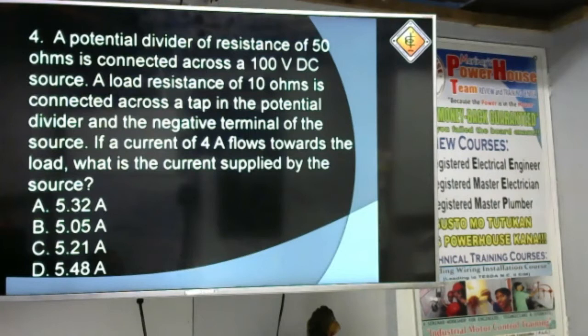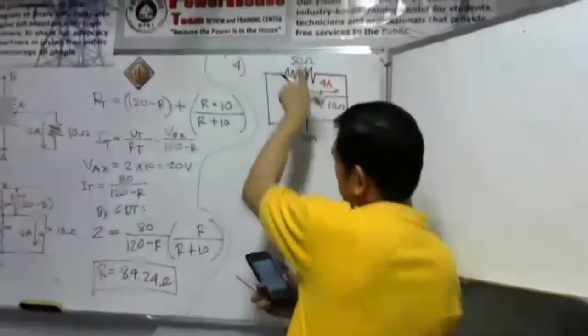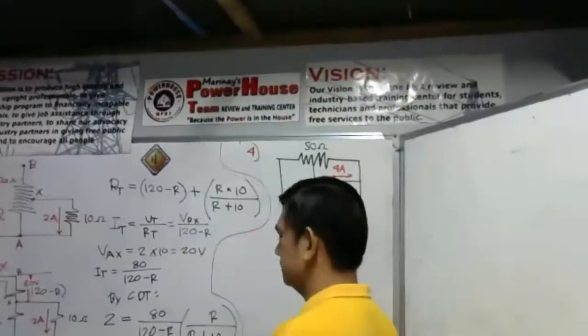So meron tayong 10 ohms yan, ha? Yung potential divider natin is 50 ohms. Take a look, ha? The 100% resistance of this is 50 ohms.